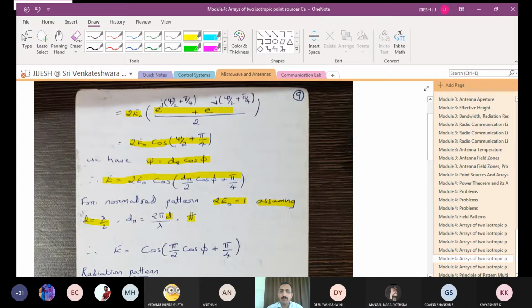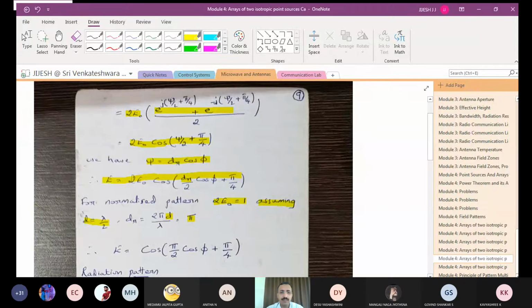So when you find, you have the equation E is equal to 2 E naught cos of dr by 2 cos phi plus pi by 4. We are going to find out this term dr. So when you find this term dr by substituting d is equal to lambda by 2, dr will be pi.